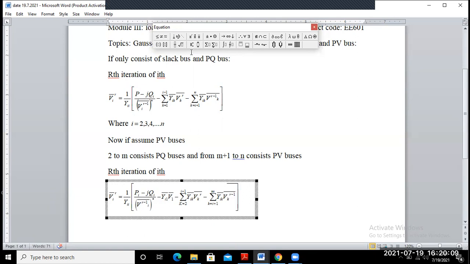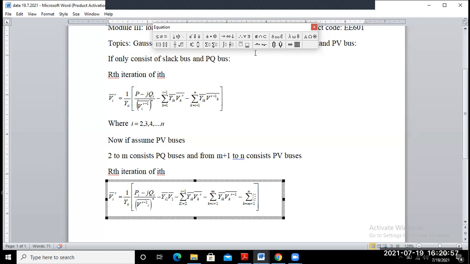Minus summation of k equal to m plus 1 to m, Y_ik V_k delta_k to the power r minus 1.